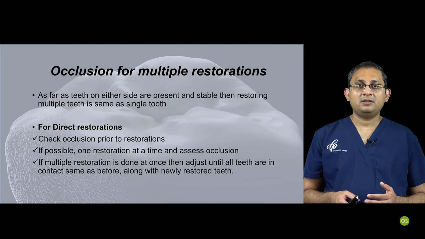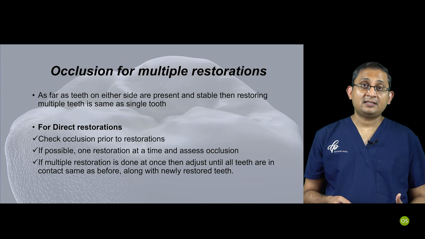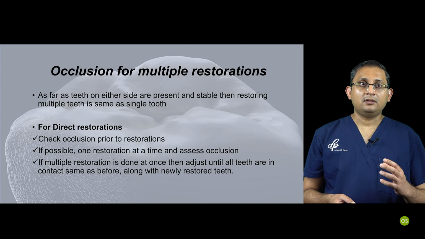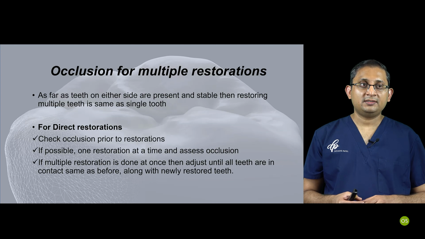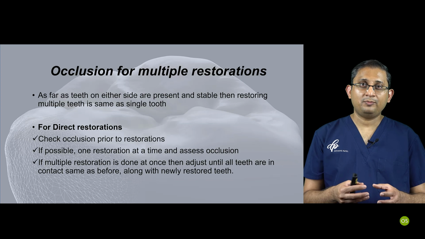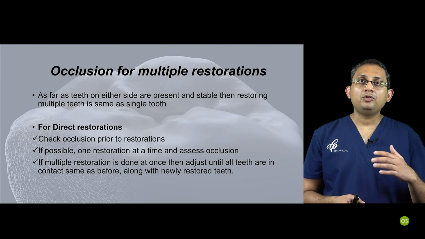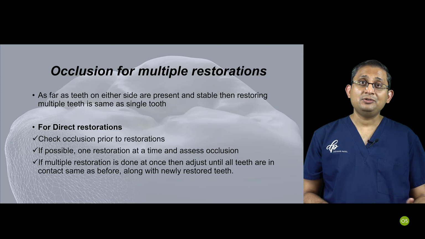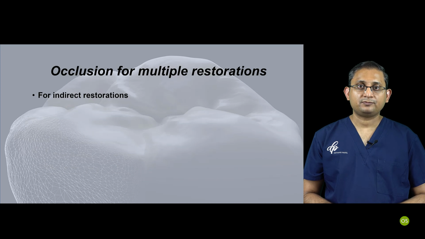If you have done a diagnostic wax up, then that's great. If the current tooth which you're restoring doesn't have too much morphology loss, where it's big holes or anything like that, you could really take an index of that and use that to replicate the same in your final restoration.